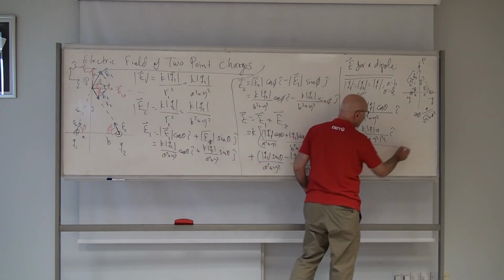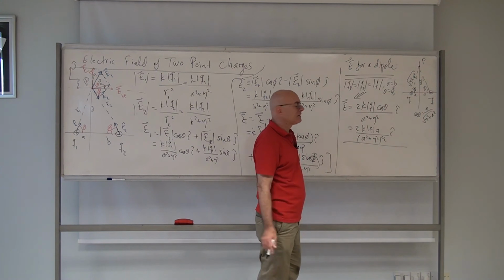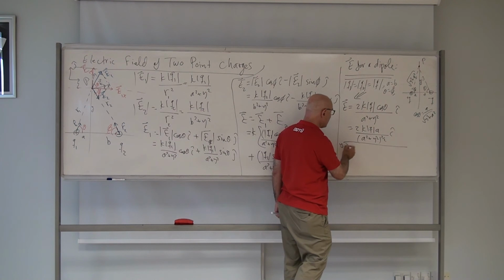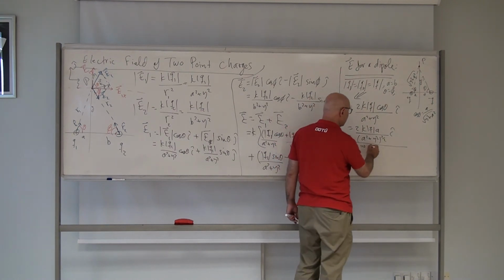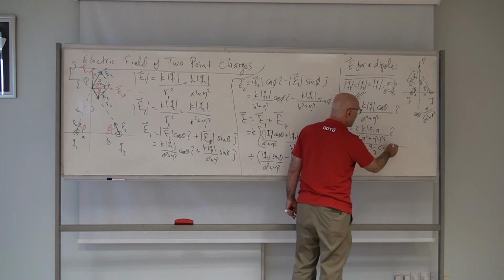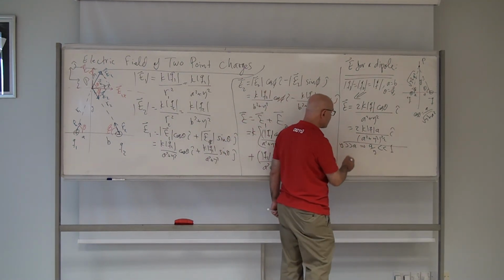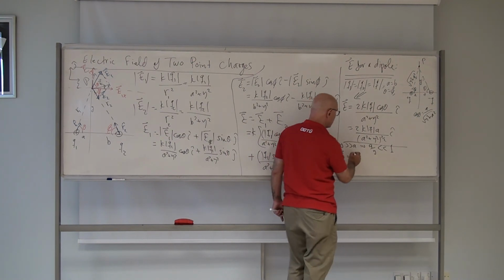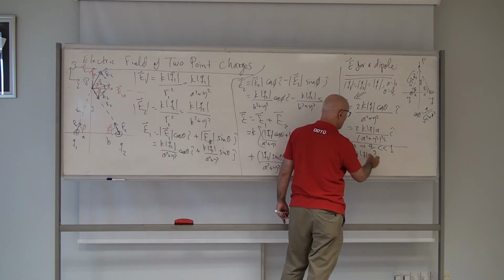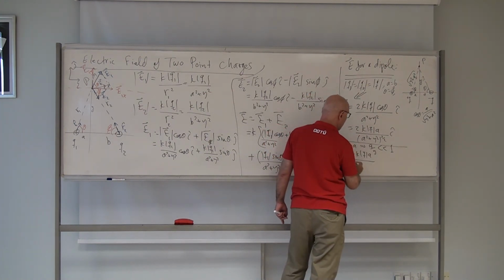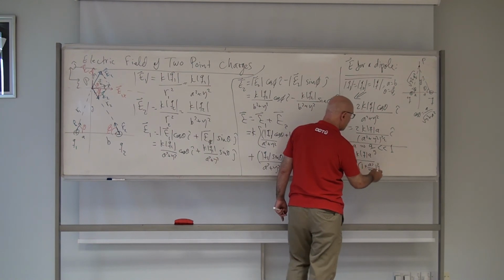Now there is a limit which is usually relevant. That is the limit that y is much greater than a, so that a over y is much less than 1. This is an important limit, and if you take this limit, then E, which is 2k q a over, now you take y outside, so it goes like y cube, and you will have 1 plus a square over y square to the power 3/2.